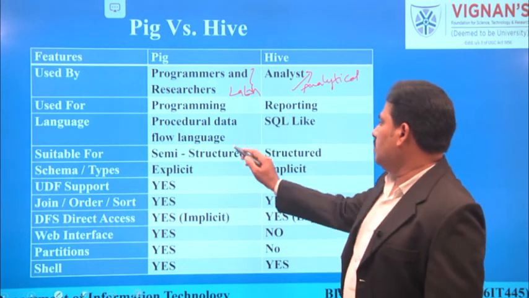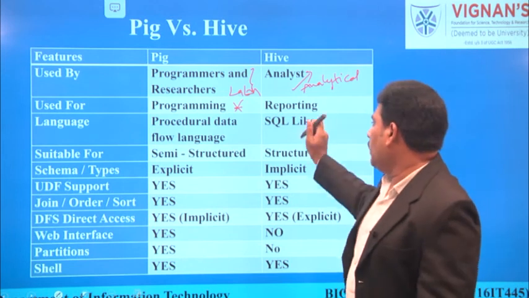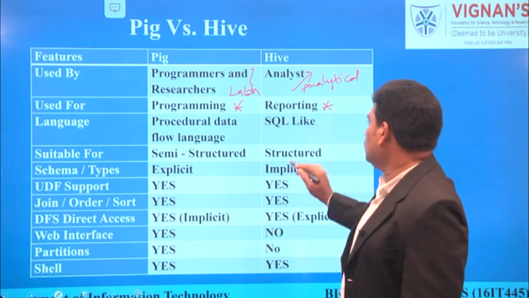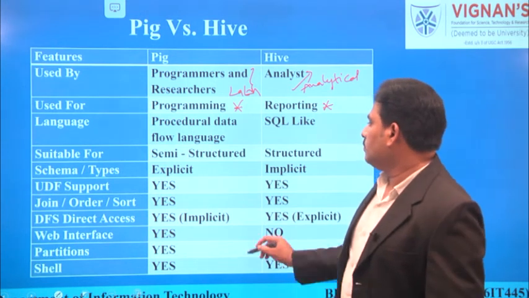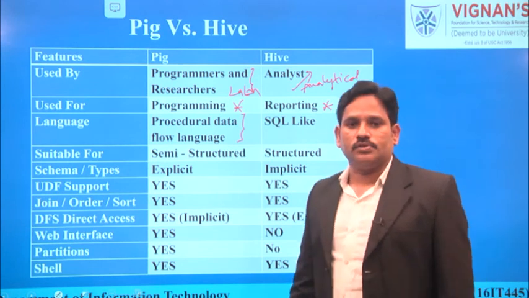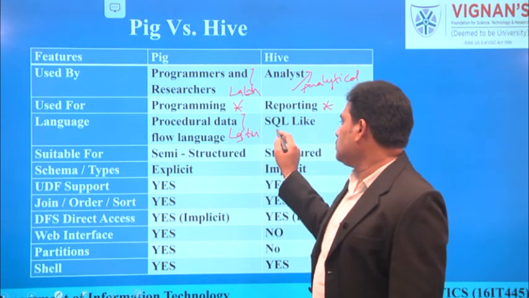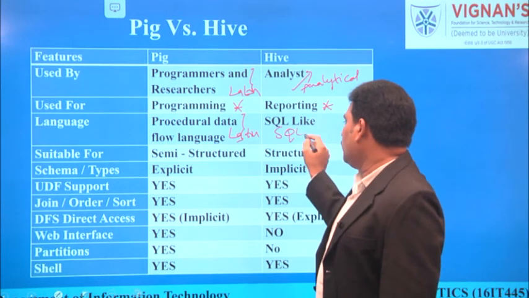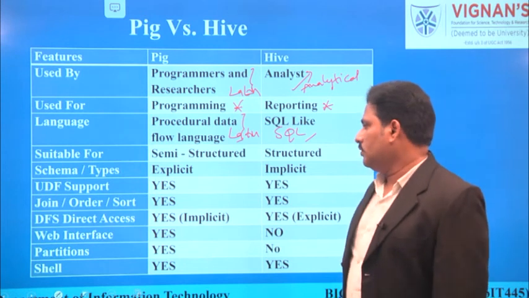And mostly pig is used for programming related activities, whereas Hive is used only to generate reports on the analytical results. From the language point of view, here we are using a procedural language called pig Latin. Here we can use SQL and relevant SQL programming concepts in the Hive environment.